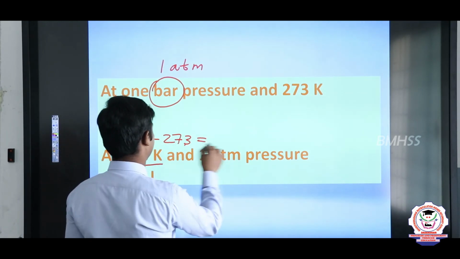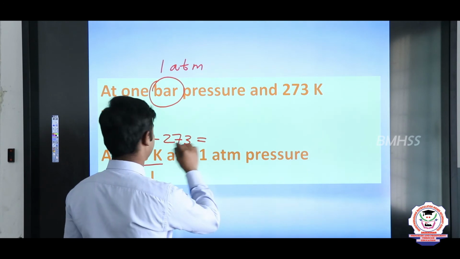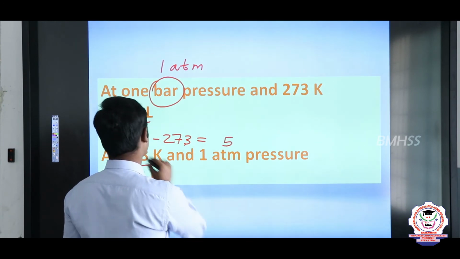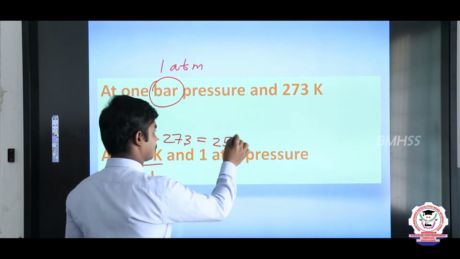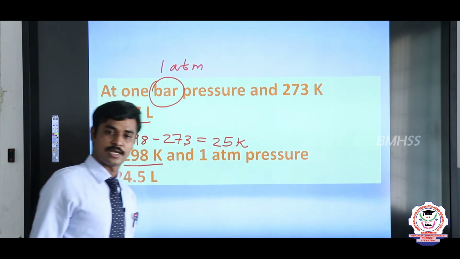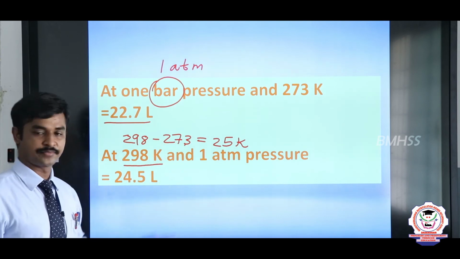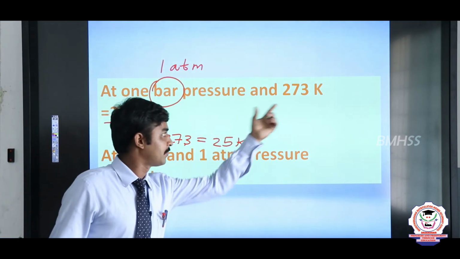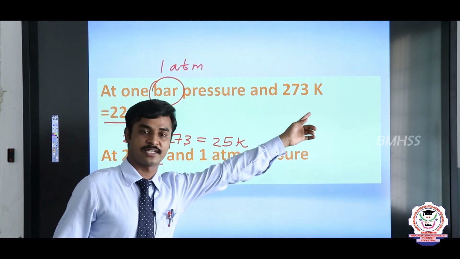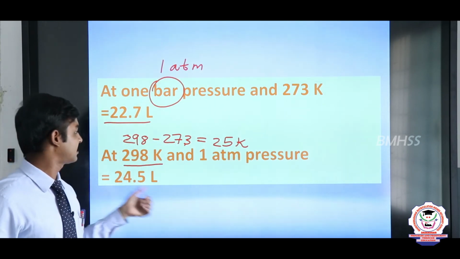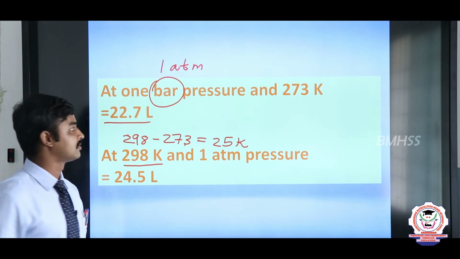So, 8 subtracted by 3, we get 5, and 9 minus 7 is 2. So at least you can know the difference between the temperatures in the first time and the second time. In the first time we use 273 Kelvin, and second time we change the temperature into 298 Kelvin.